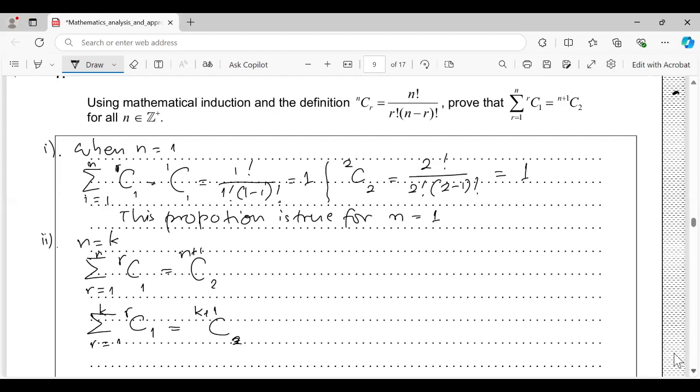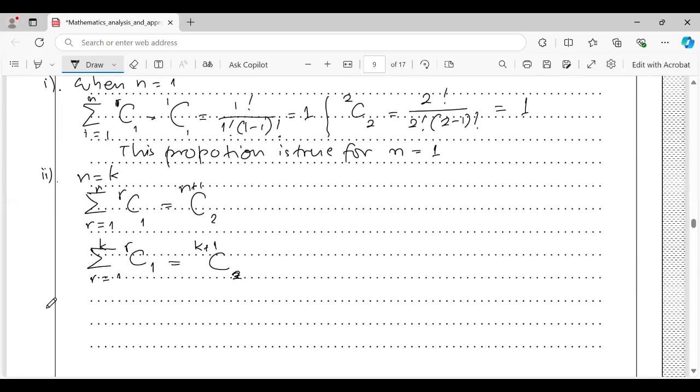And the next step, the third step. This is true, this proposition, the second proposition, and now the third step. We have to prove that if n equals k plus 1, the proposition is correct, right?